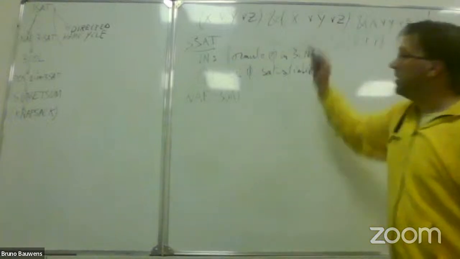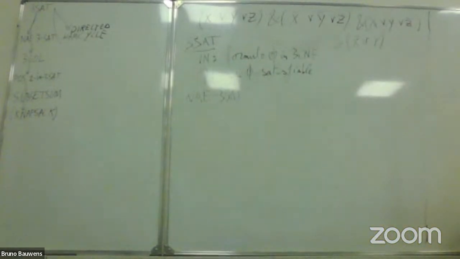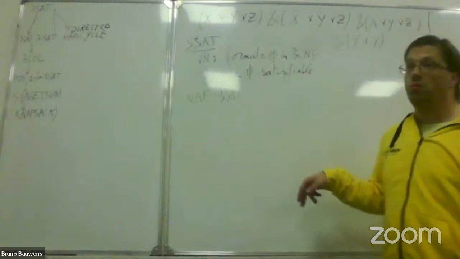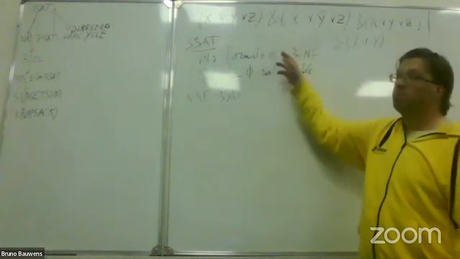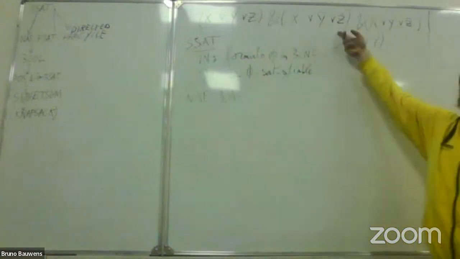What is asked here is an assignment in which every clause has at least one true and at least one false literal. So what's forbidden is all zeros and all ones. Before, only all zeros were forbidden. In the normal problem, if a clause has three 1s, it's okay.